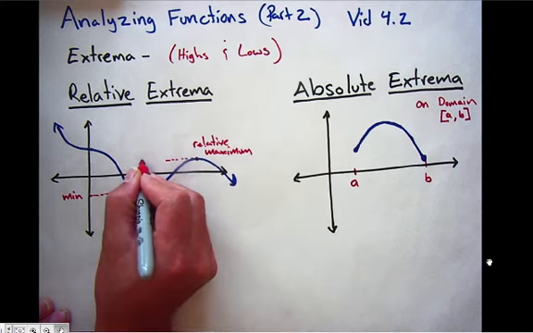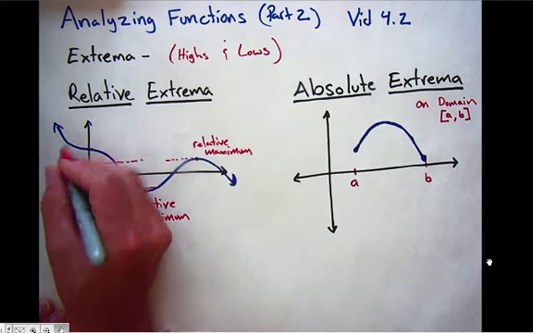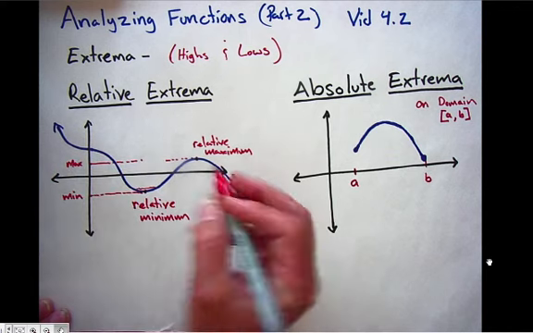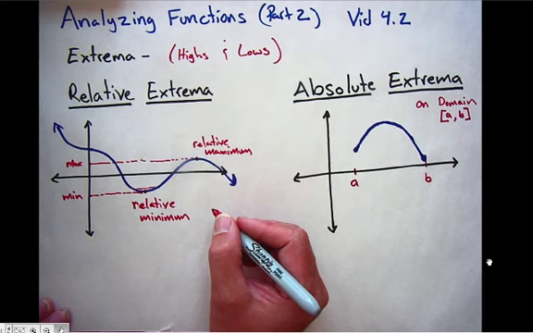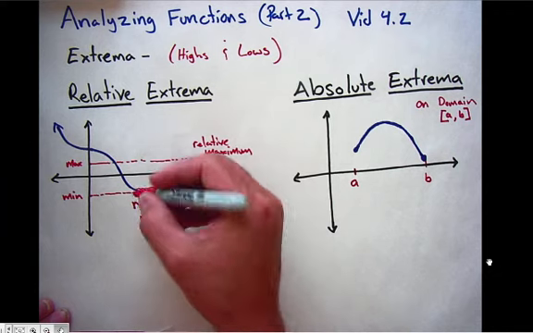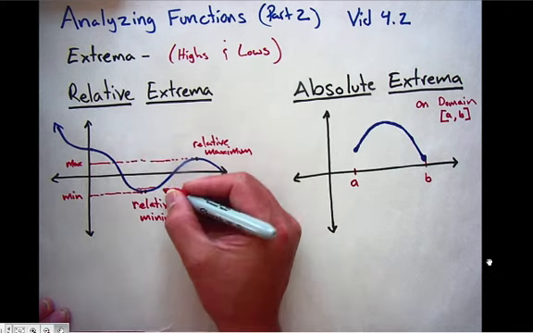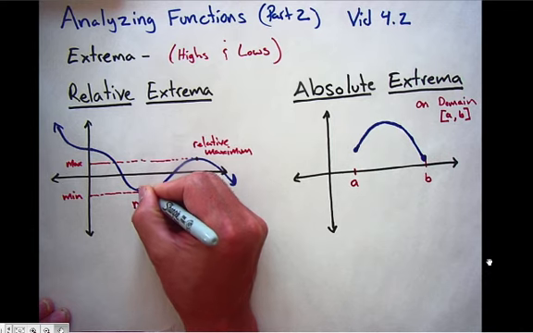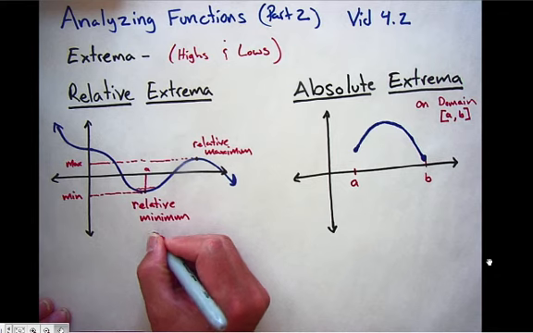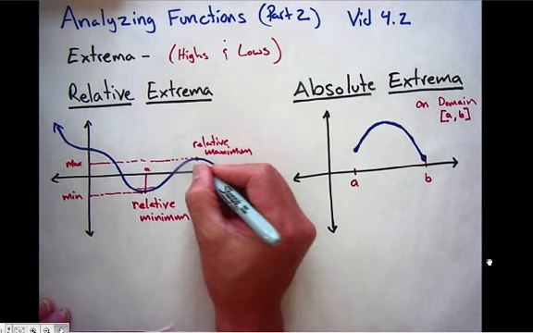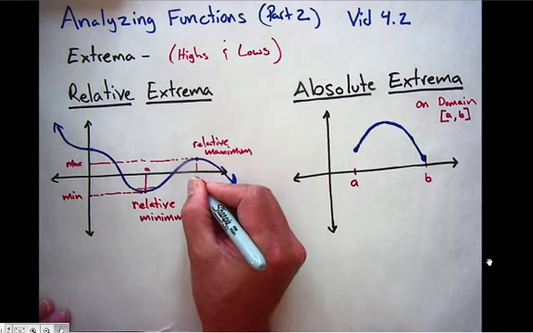But really what we're looking for is the y value there. And these points occur at a specific place, but the relative minimum and maximum are just those y values. So we could name this point A, and we could say there's a relative minimum at point A, and there's a relative maximum at point B.